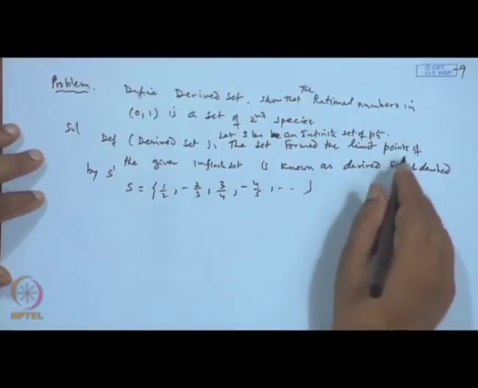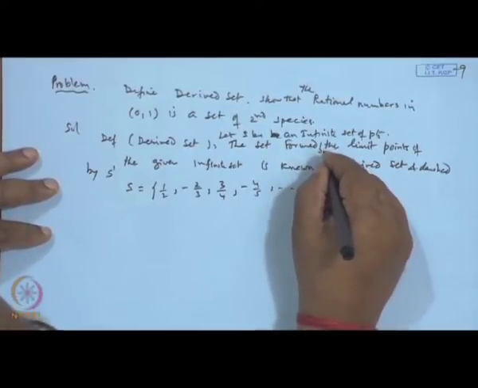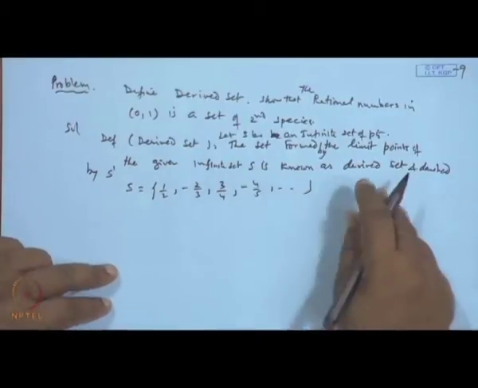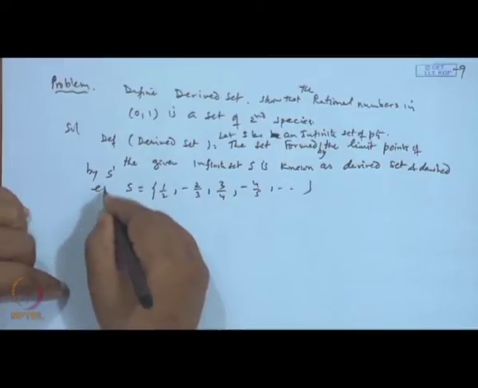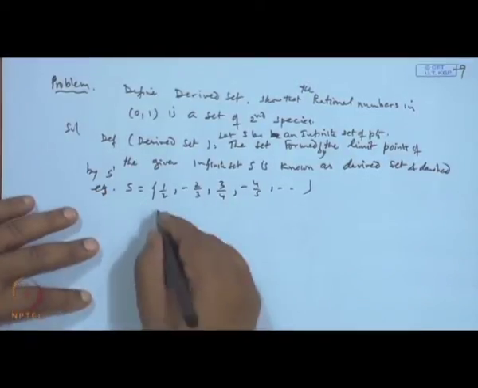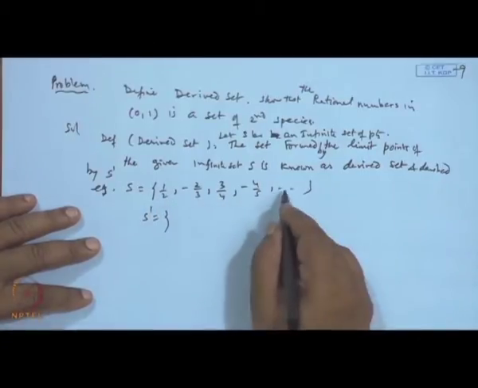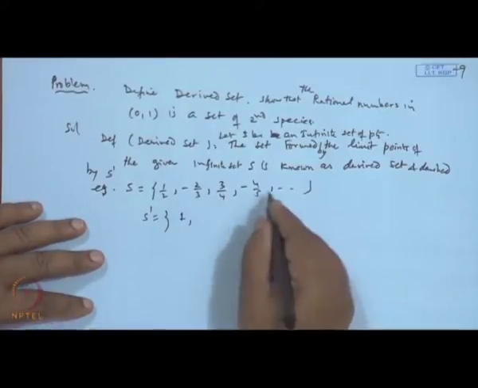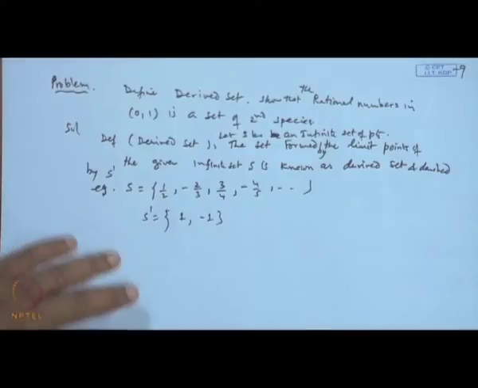Then the set formed by the limit points of the given infinite set S is known as the derived set and denoted by S dash. For example, in this one, the derived set: for 1/2, 3/4 etcetera, the limit point will be 1, and for -2/3 the limit point will be -1. So, this is the derived set having these points.